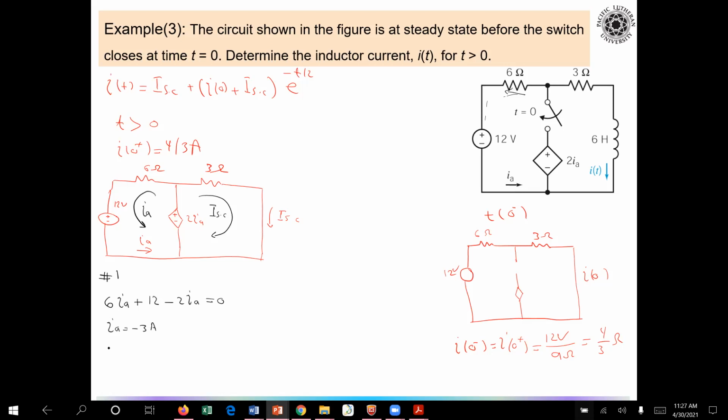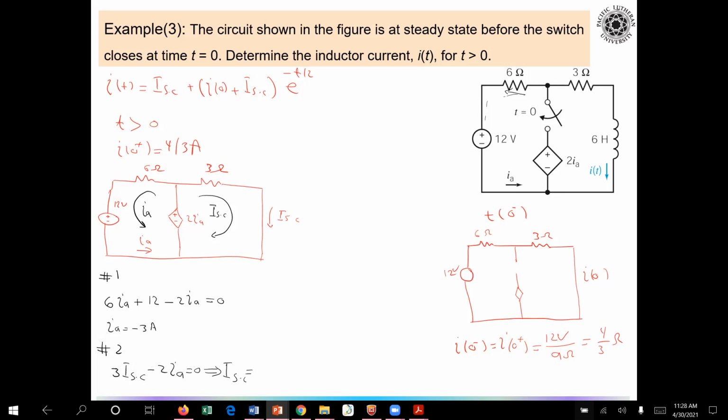Now we're gonna use the same method, the same way, the same concept for mesh number 2. What do we have? We have here the I short circuit, which is the 3 I short circuit, and here's the minus 2IA equals 0. So from here, I can find my I short circuit. How much, guys? I don't calculate it.